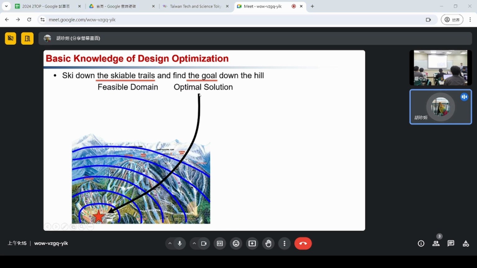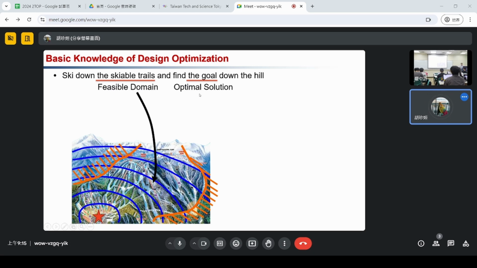So, what is feasible space, feasible domain? Like I said earlier, when you ski, you don't want to bump into the woods. You get hurt, right? There's an area that you can stay. So, those are what I call the skiable area, or the so-called feasible region.